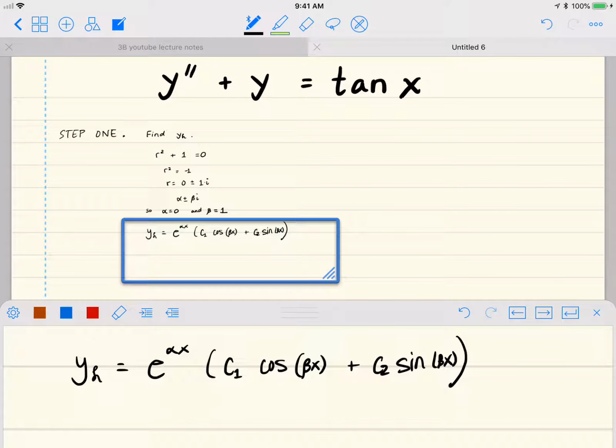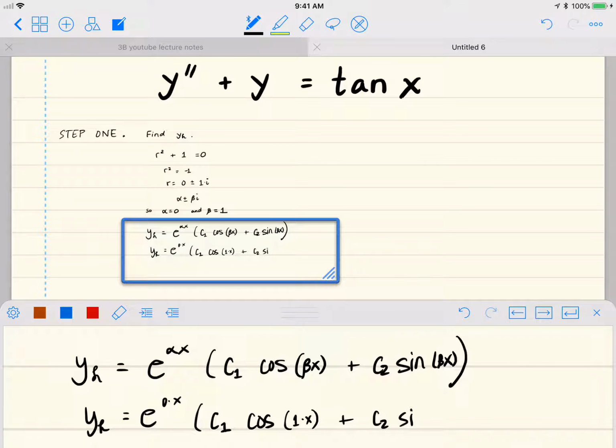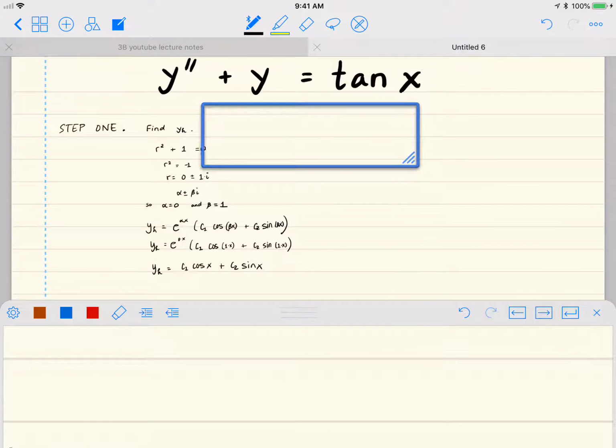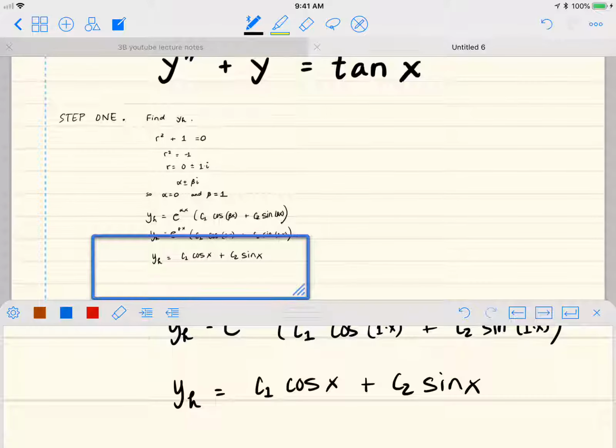Okay, and now alpha is 0, so we'll have yh equals e to the 0 times x times C1, and beta is 1, so it'll be cosine of 1 times x plus C2 sine of 1 times x. And that's just C1 cosine x plus C2 sine x. Okay? So, we found yh.